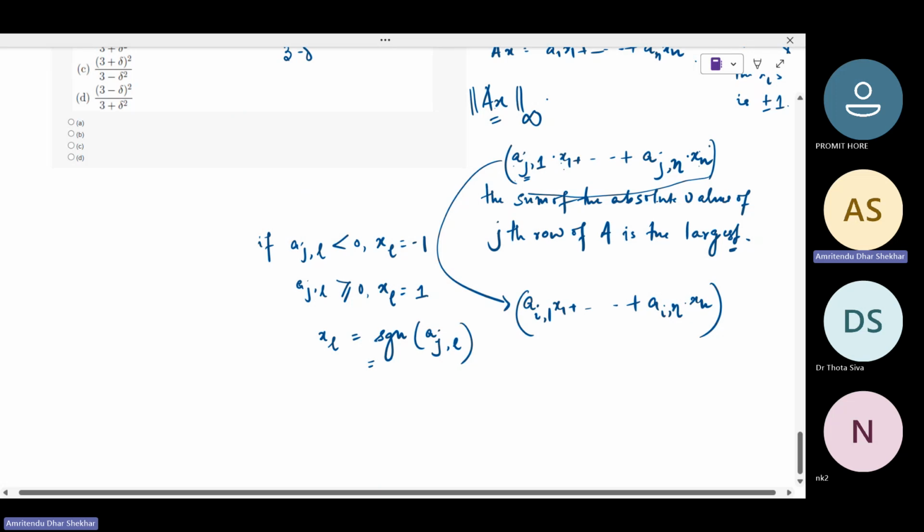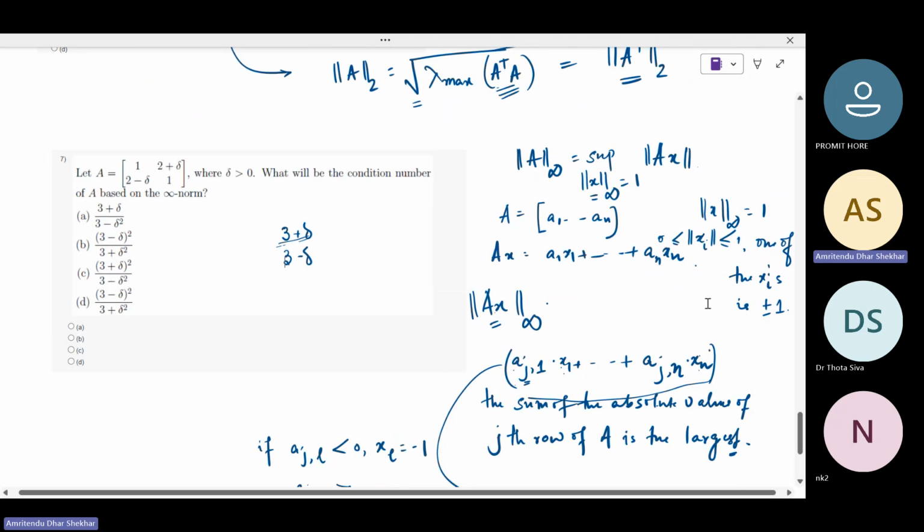Yeah, I hope this is clear: how to compute the sup norm or the infinity norm for any given matrix. Just look at the row for which the sum of the absolute values of the elements of the row is maximized, and that is your infinity norm. Remember, for the one norm, you look at the columns.